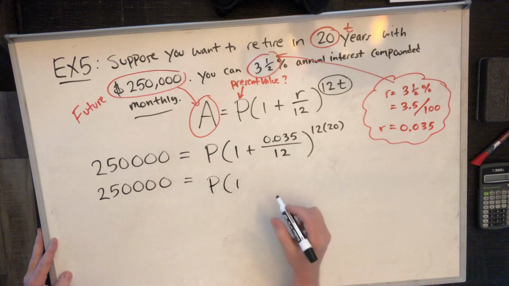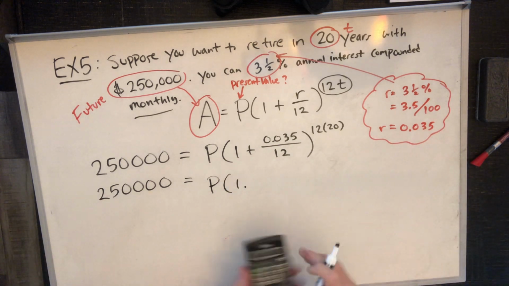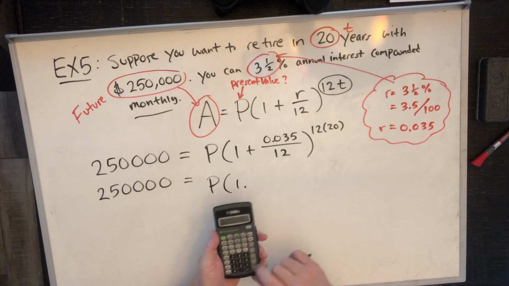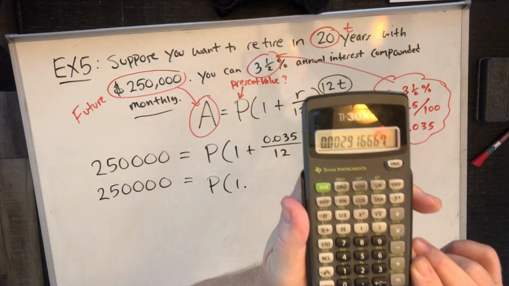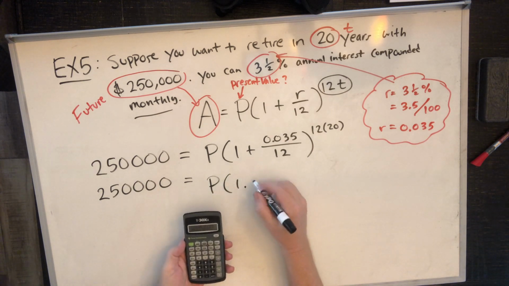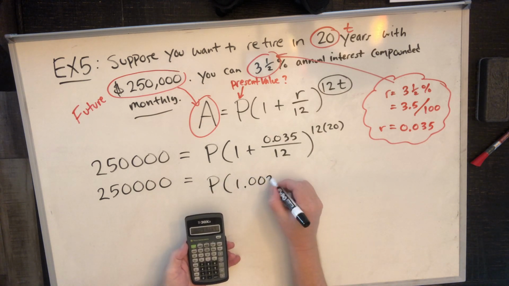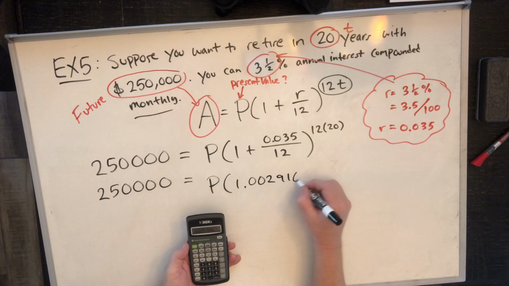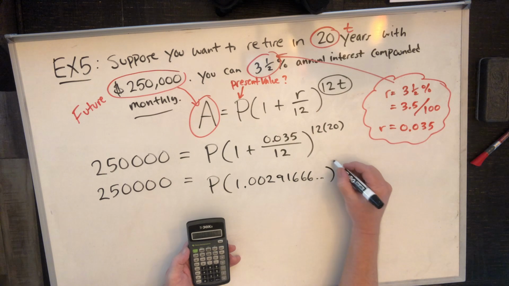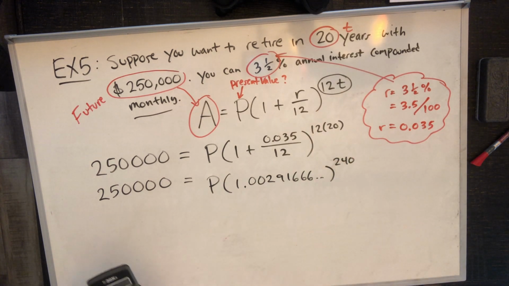Let's just do the arithmetic. So let's see, 0.035 divided by 12 is a very small decimal, plus 1. So 1.00291666666 forever and ever, raised to the 240th power.